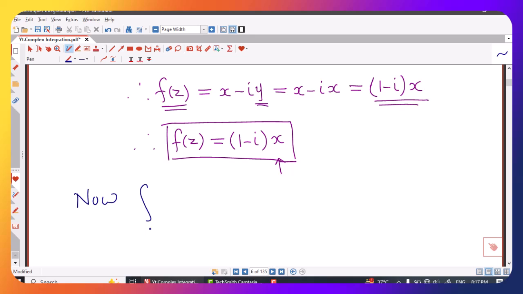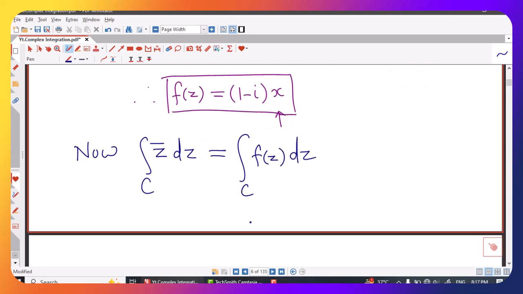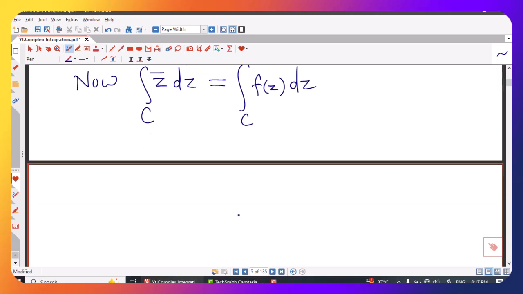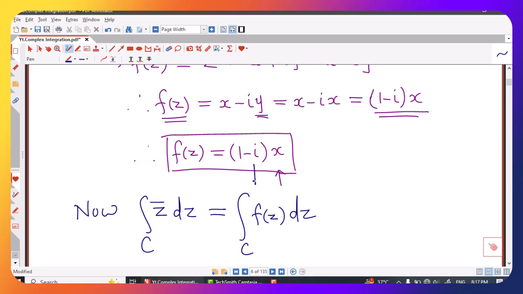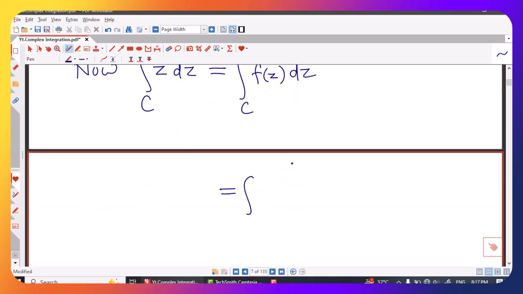We can now substitute everything in the given complex integral. Now the given complex integral is z bar with respect to z. So now I will replace z bar. Z bar is f of z. Let me write one more step. We have written f of z equal to z bar. So now we put f of z equal to 1 minus i times x.